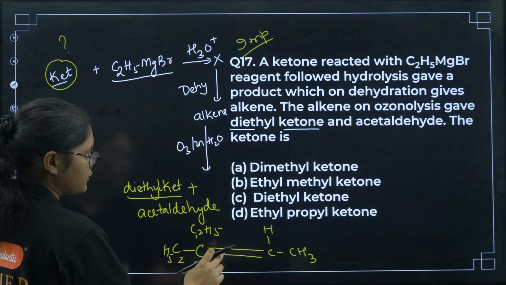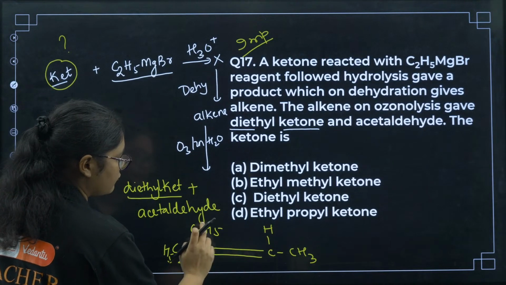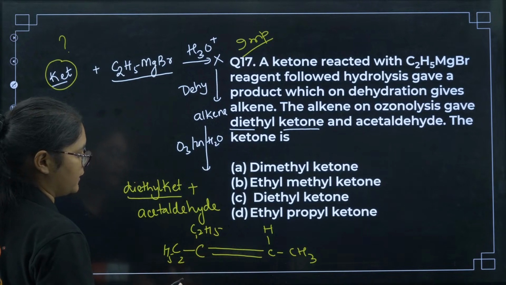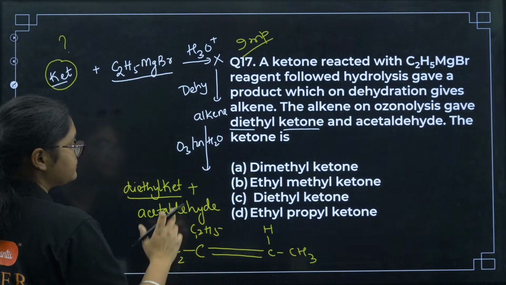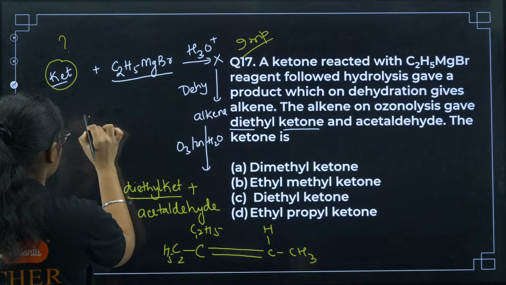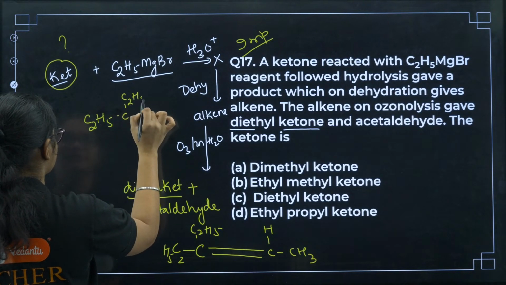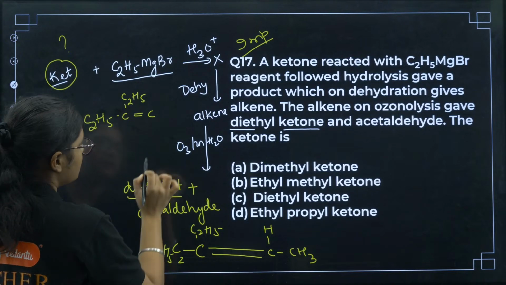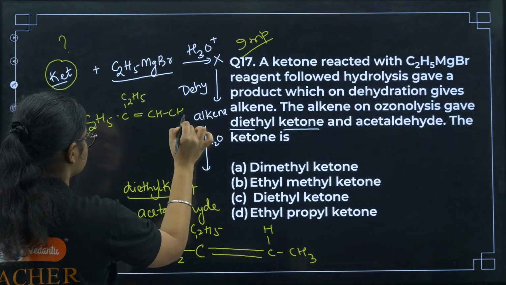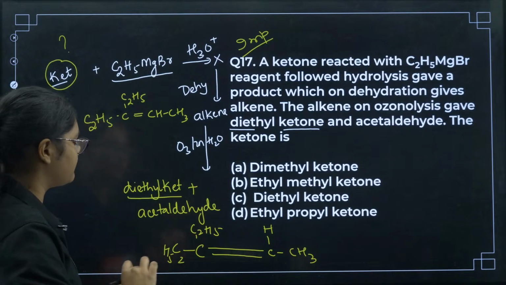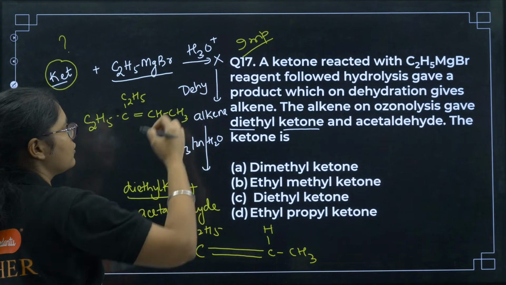This is the alkene. So it is 1, 2, 3, 4, 5. You can just think this is the alkene. So now from here, what is the alkene I got? C2H5, C, C2H5, double bond C, H, CH3. Now what will happen from here? You need the alcohol group, right?